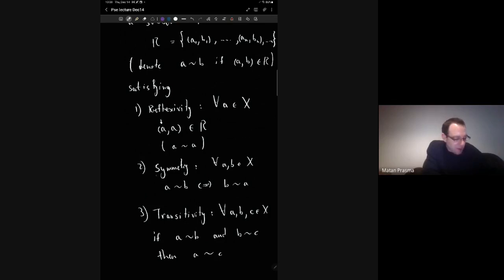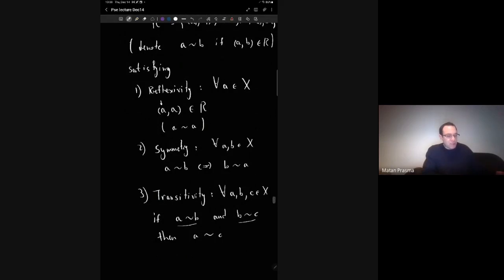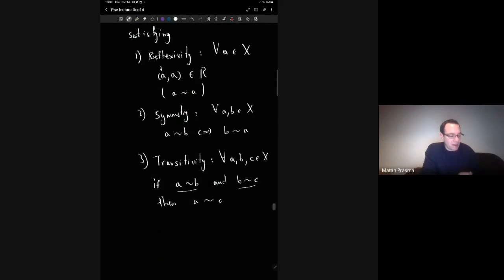And if A is equivalent to B, also this notation is suggesting symmetry, so I would expect that B is equivalent to A. And then transitivity, these are very natural properties to ask for. And we saw several examples, but what I want you to get is the intuition of equivalence relation.